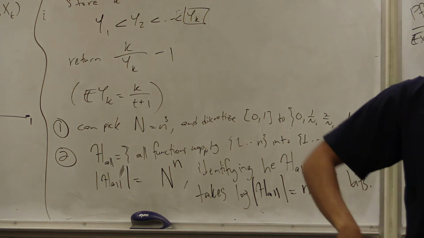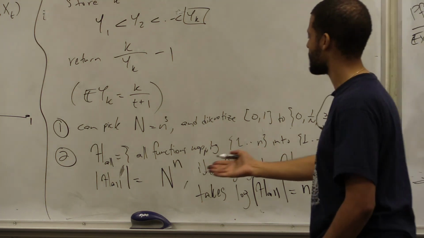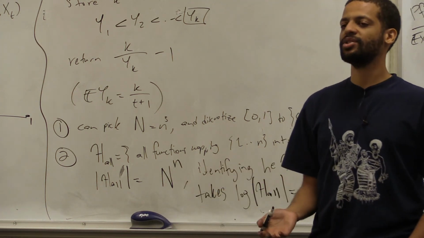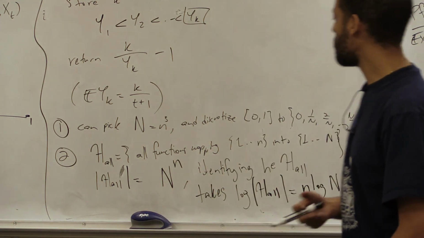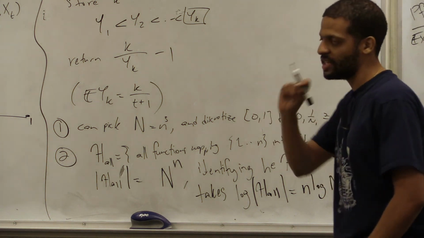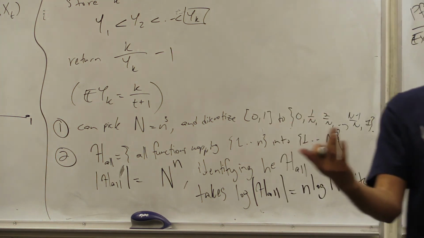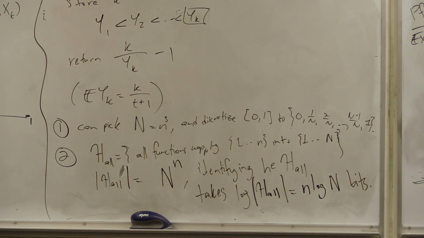You don't really need the set of all functions, which is of exponential size. In many applications, it's actually possible to come up with a set of functions that only has polynomial size. So identifying a random function in that set only takes log of polynomial bits, which is log n bits. And that's exactly the case here.